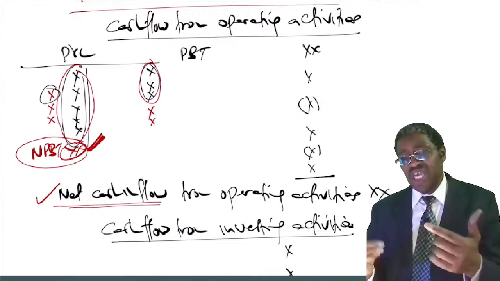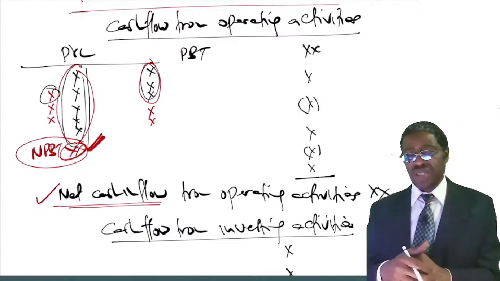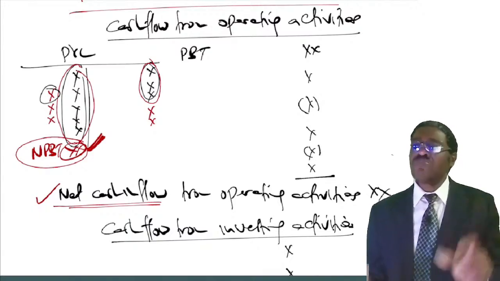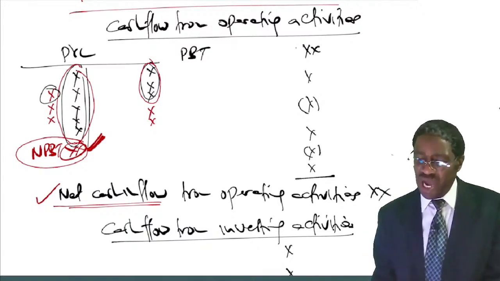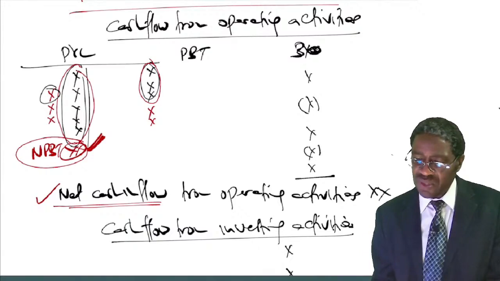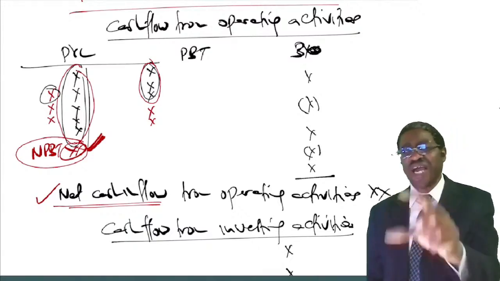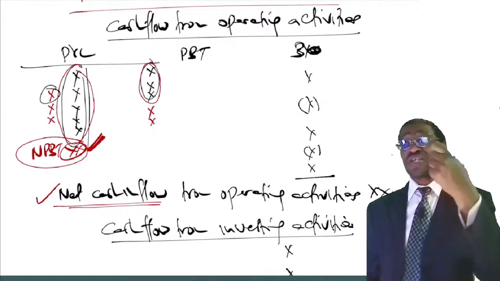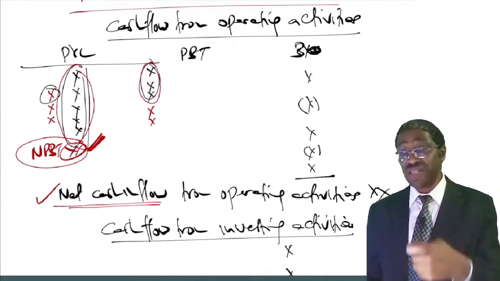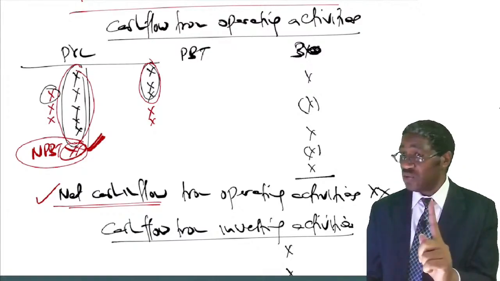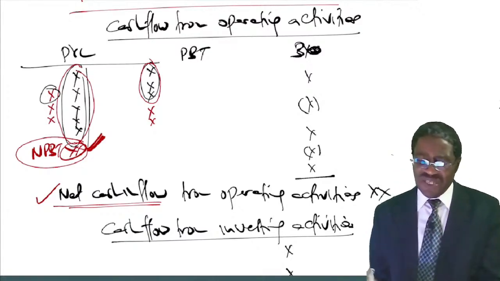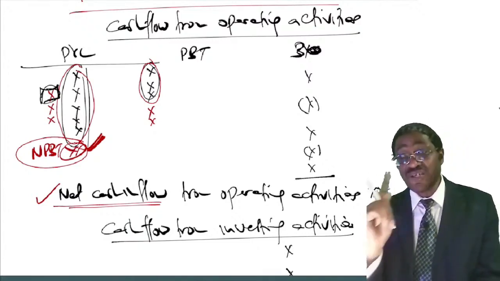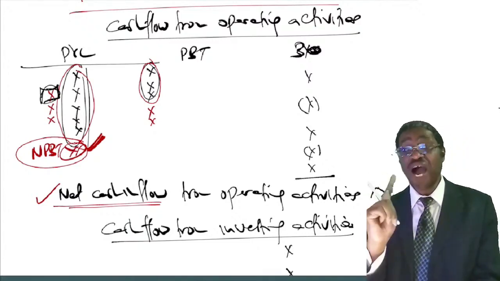In other words, if that item which is not a cash transaction was not there, would my profit, let us assume 30 million, have been more than 30 million or less than 30 million? That's what we want to argue. So if it's an expense that you debited in the P&L account, yet no cash was involved, then you will argue this way.